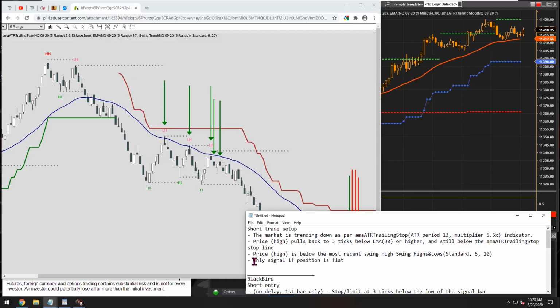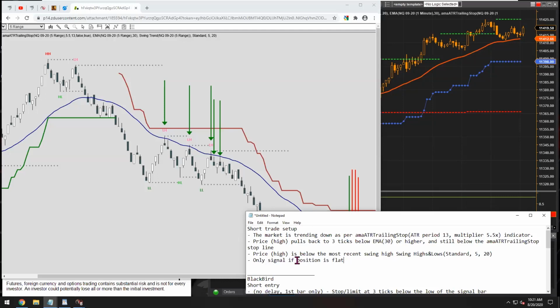And then this last part here, this is a very common mistake that people make. So this says only signal when position is flat. So that is not possible with NinjaTrader, right? So there's a technical issue here.